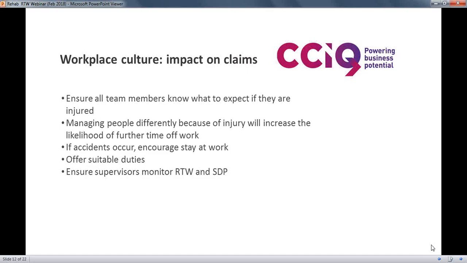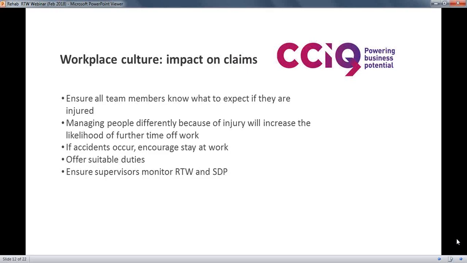Then, at the end of the day, everyone's going to know what to expect if the unfortunate happens and they're injured. And they know that people are going to be treated the same way, because if a situation arises where people aren't being managed the same way, there may be issues there.